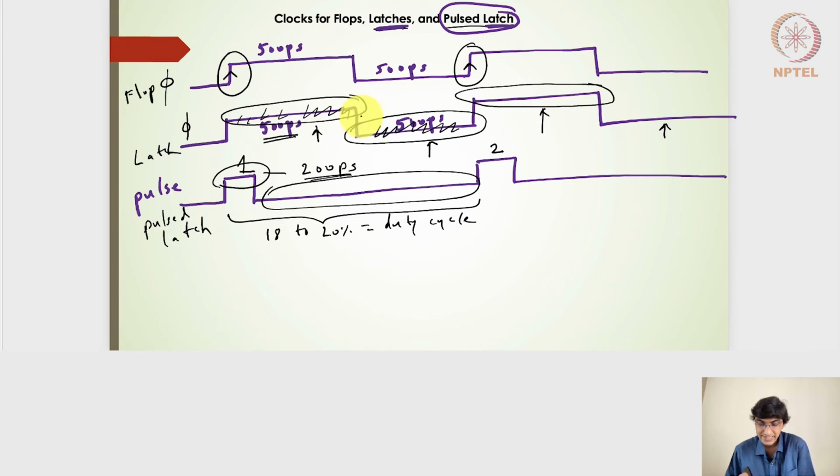Here the latches we always use in pairs, whereas the pulse latch is always a single pulse latch, and it will operate at every different pulse, similar to the flip-flop designs, where the flip-flop is able to capture at every rising edge of the clock. Hope this is clear to everyone.